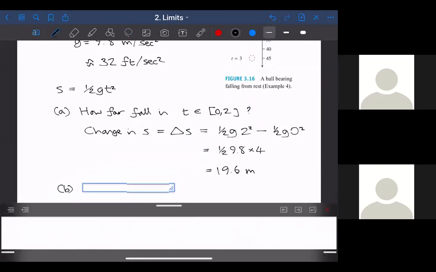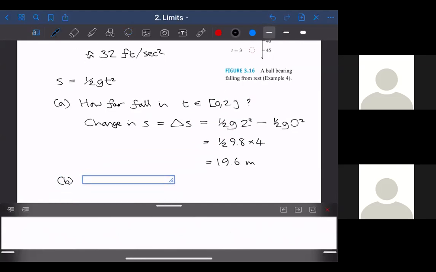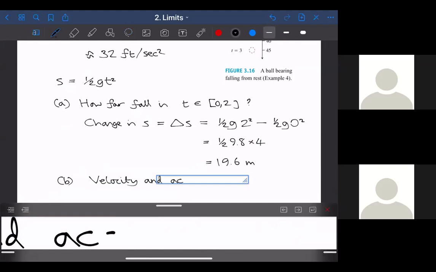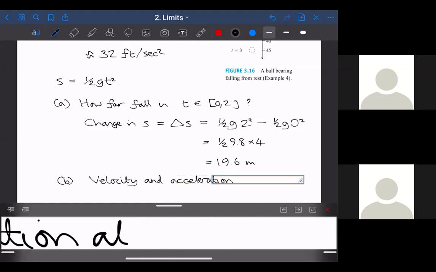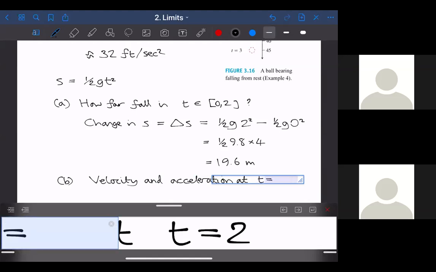Okay, and now what are the velocity and acceleration at times 2?